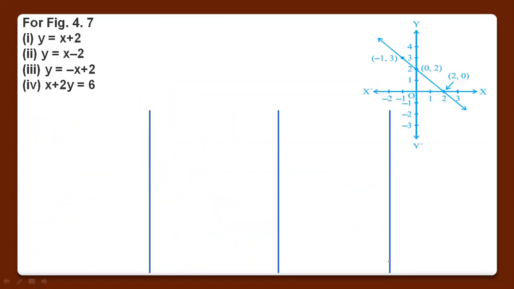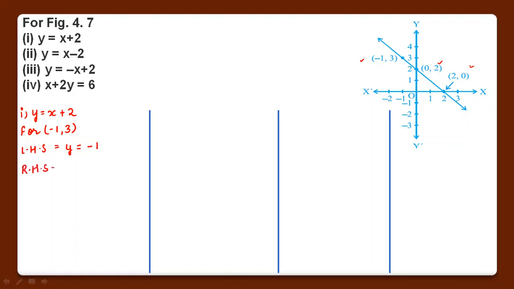Then comes second figure, figure 4.7. These are the points -1, 3, 0, 2 and 2, 0. वन बाय वन जैसे हमने प्रीवियस चेक किया था वैसे चेक करेंगे. First of all for equation y equals to x plus 2, we'll check for the first point. For -1, 3 we'll take. LHS is equals to y, that is 3.